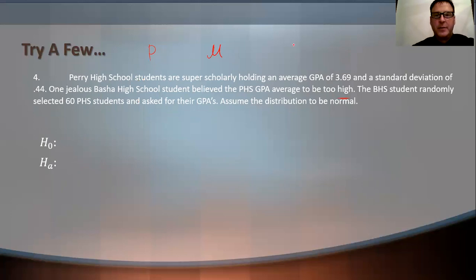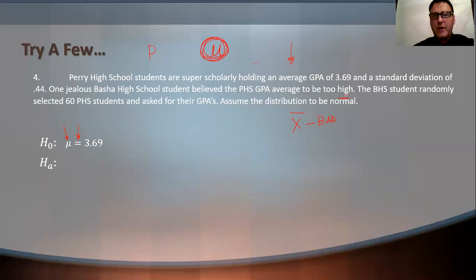All right, so because this says averages, we're going to use this guy. Again, no X bars. Mu is equal to 3.69. Again, always an equal sign there, always a mu or a p, but in this case it's mu because we're talking about averages. 3.69.